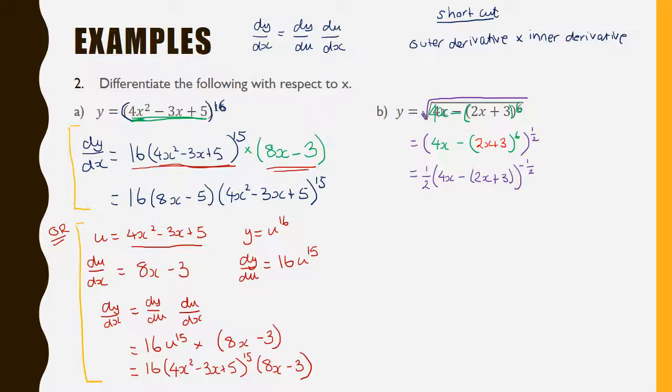Then I differentiate the inside function. So the derivative of 4x, and let's put it in brackets because I'm multiplying the entire inside derivative by the entire outer derivative. So the derivative of 4x is 4 minus the derivative of, now we've got another chain rule, we have to use the chain rule again. So I multiply by the power, which is 6, this is the outer function, and within that the inner function stays as is, and I subtract 1 from the power, which is 5.